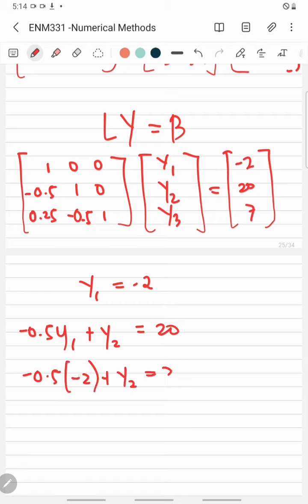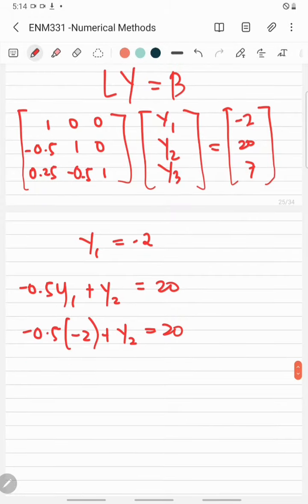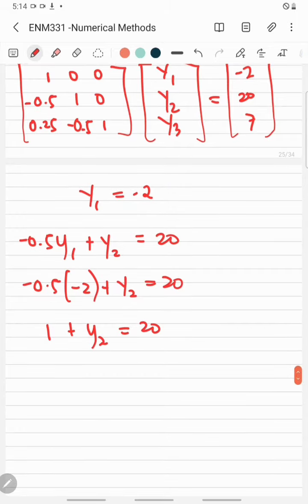So -0.5 times -2, that is 1, plus y2 is equal to 20. We have to transpose the constant to the right side and change the sign. So this will become -1. So y2 is equal to 20 minus 1, that is 19.